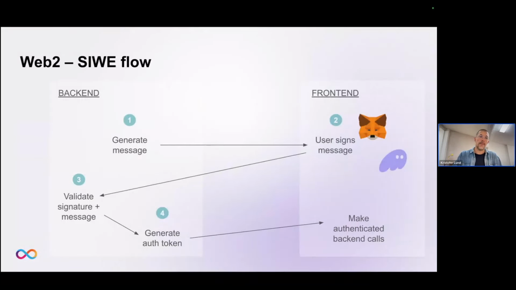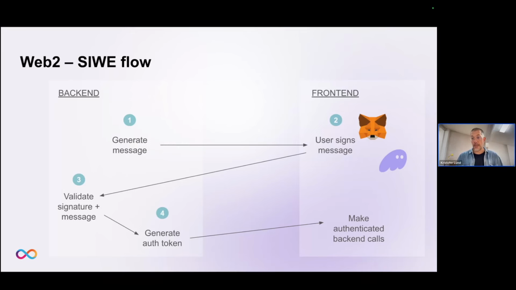And the Web 2 sign-in with Ethereum flow looks a bit like this, and most likely you have come across this when interacting with some Ethereum application. The flow starts with the regular Web 2 backend generating this message in the sign-in with Ethereum message format.